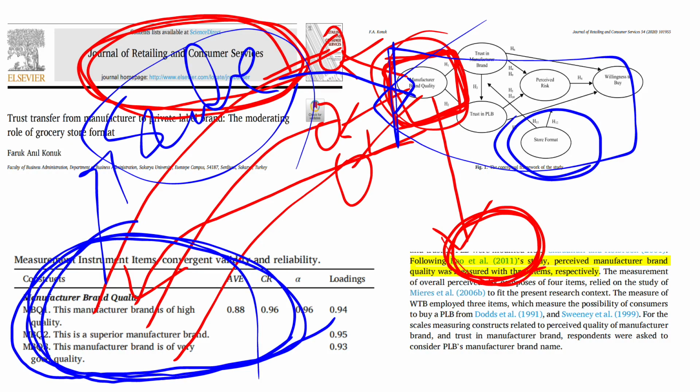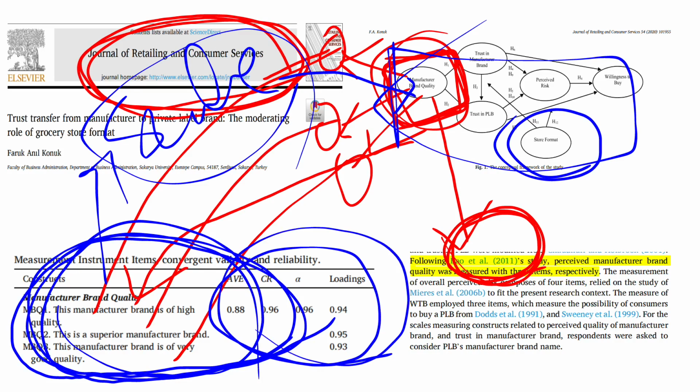When you adapt, you give a Likert scale, the respondents answer these questions, and you can calculate all the reliability and validity parameters.